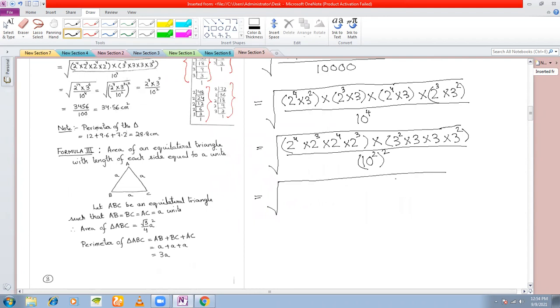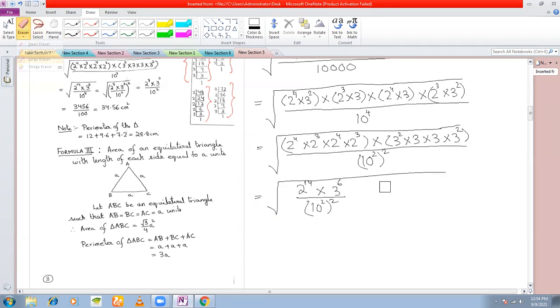Now you can add up the powers of 2 to get 2 to the power of 4 plus 3 plus 4 plus 3, which will give you 14, into, and again you can add the powers of 3 also to get 3 to the power of 2 plus 1 plus 1 plus 2, which is 6, divided by 10 square whole square.